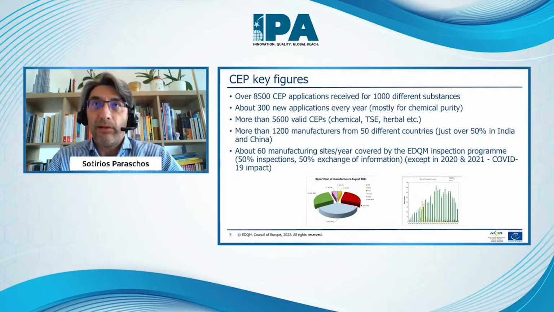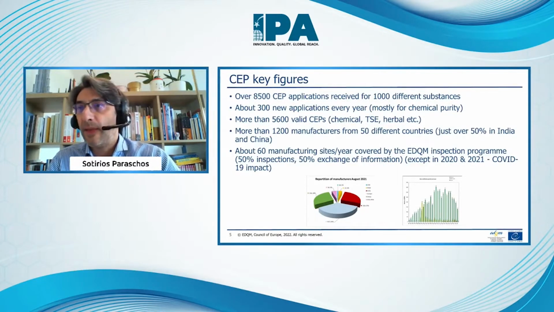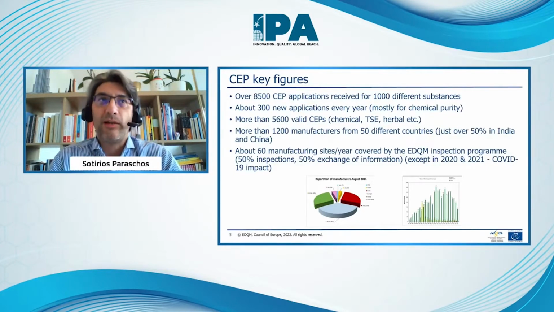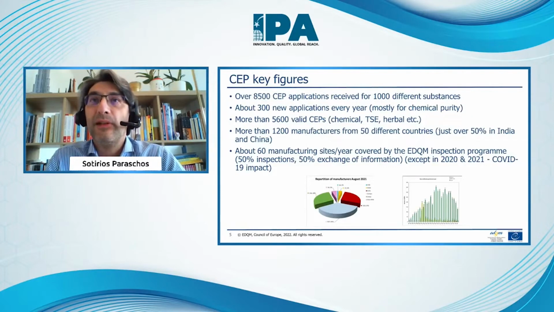We receive about 300 new applications every year, most of them, of course, for chemical purity, and currently there are more than 5,600 valid CEPs, either chemical, TSE, or herbal. In these CEPs, more than 1,200 manufacturers are involved, coming from 50 different countries.